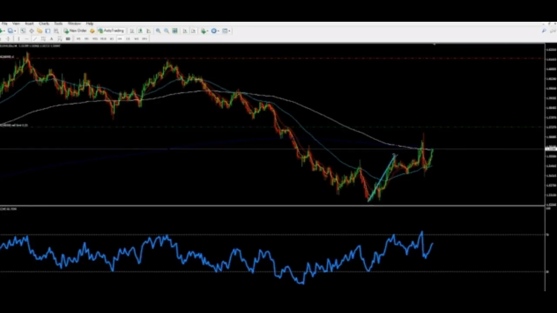And then we look for our first pullback. Once we get that pullback, we notice that point 1 has been broken, which is right here. And we're looking higher into our entry zone. You might be asking yourself, how do we enter? That is off of the reasoning for entry, which we talked about, which is support and resistance and the 100 level, in which we haven't gotten into the 100 level, which is tomorrow.